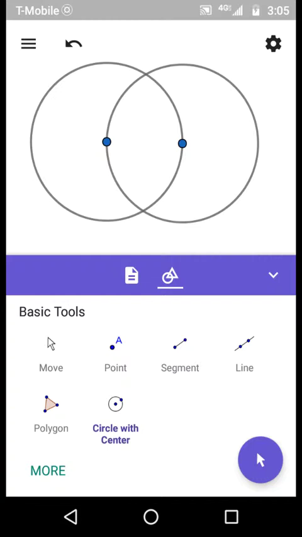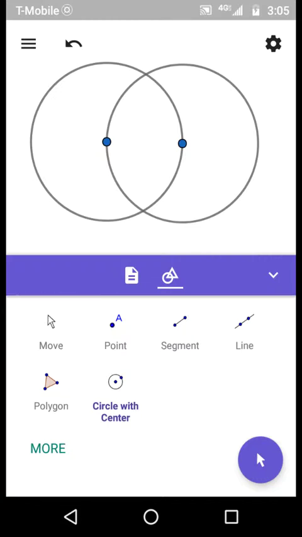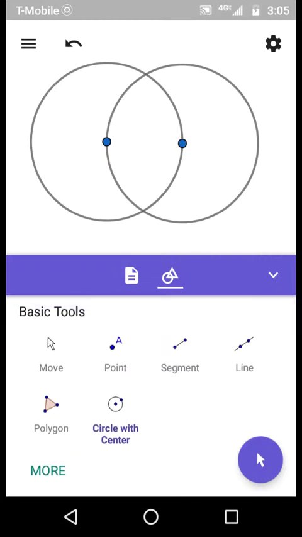Or, if instead of a compass you're using a string, perhaps the compass collapses when it's not drawing a circle. Well, in that case, you just place your center point anywhere on the circumference of the other circle and extend that string to the center, and then draw a circle using that as your radius.